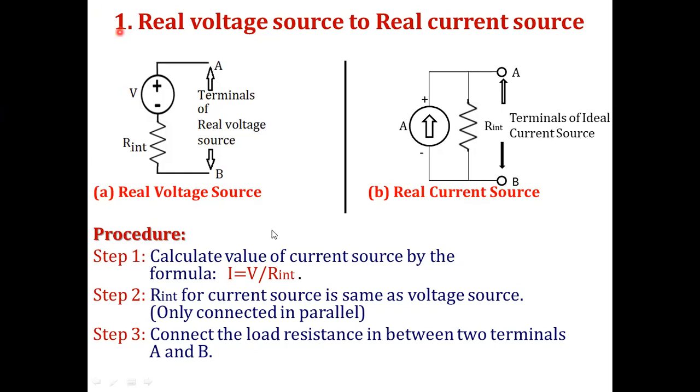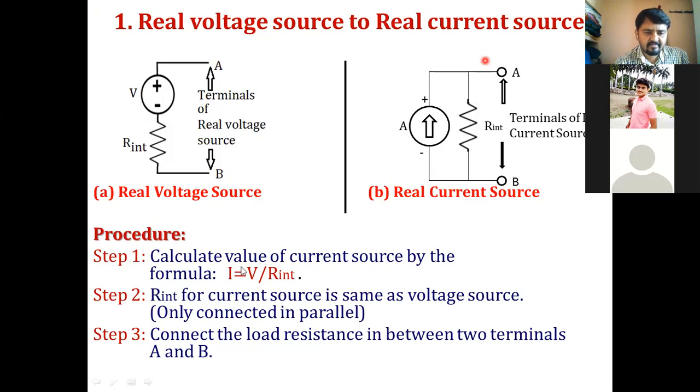Yes, sir. So have you taken the procedure? Take the procedure. Okay. Procedure you write down. Step 1. First step क्या है? Calculate the value of current source by the formula I equal to V by R internal. RINT is nothing but the internal resistance of the practical voltage source. Step 2.